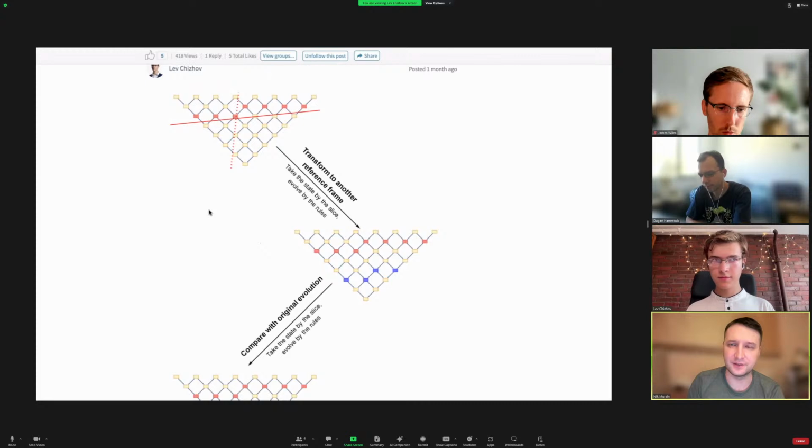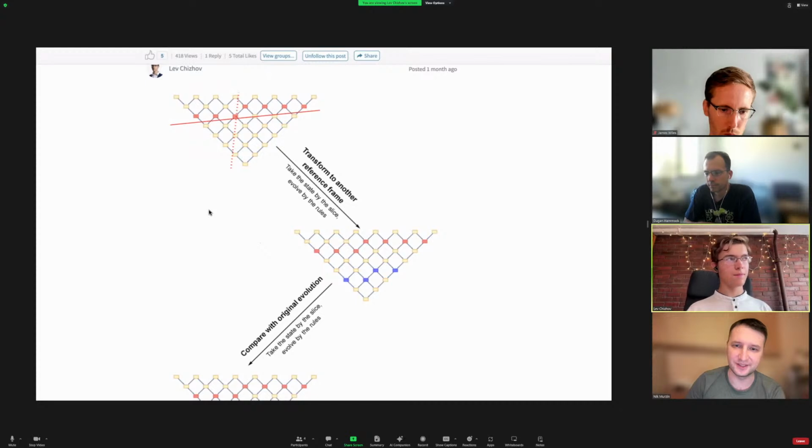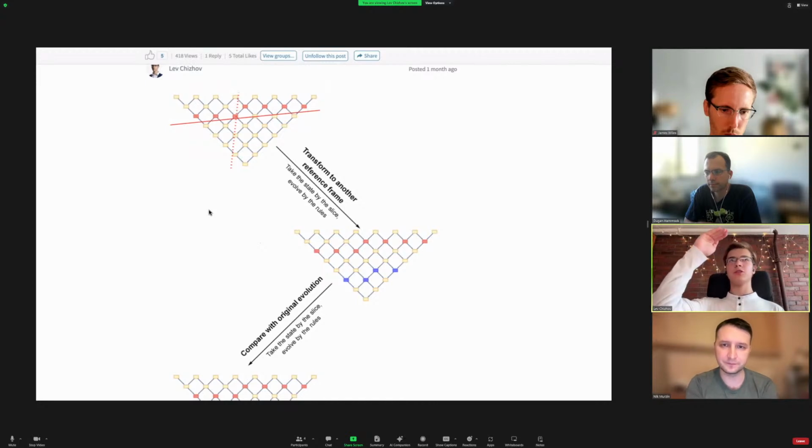And your claim is that this reconstruction should give you, after maybe some evolution of the original slice or the other way around, the same state back. So it's not that you get the same state if you just apply a natural foliation to the transformed system.